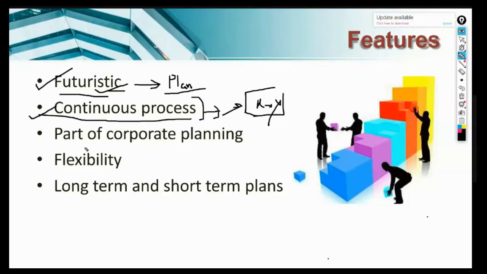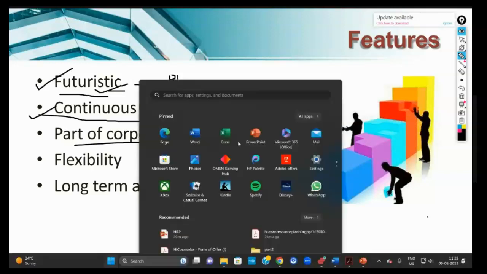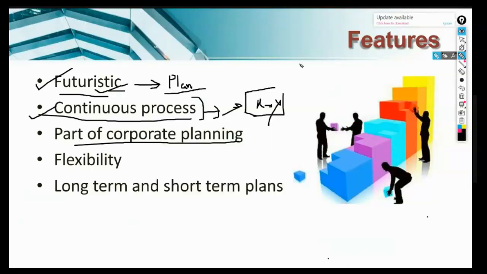Then moving on to the third one, that it is part of corporate planning. I told you that it is a subsystem of a bigger organizational plan. Corporate planning is planning which is done at top management. We all know that in management we have three levels: the top management, then middle management, and then lower level management. And at every level the planning is different.